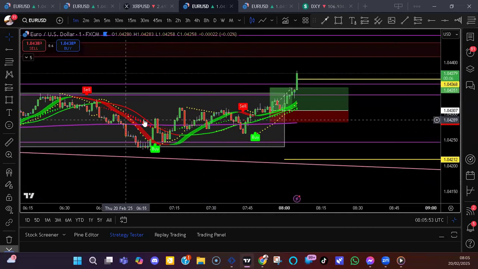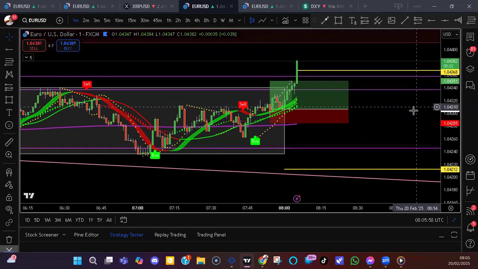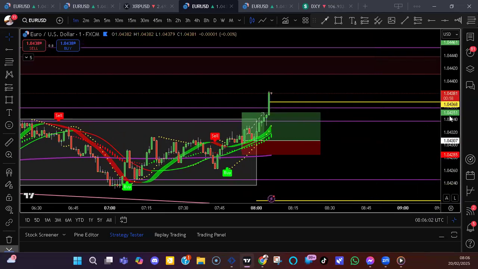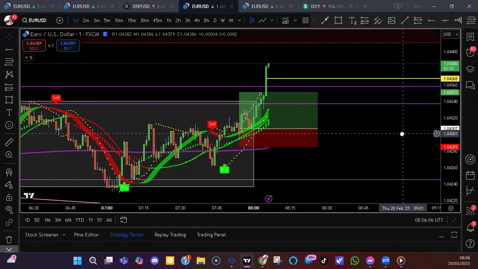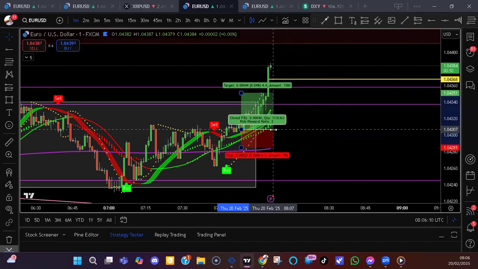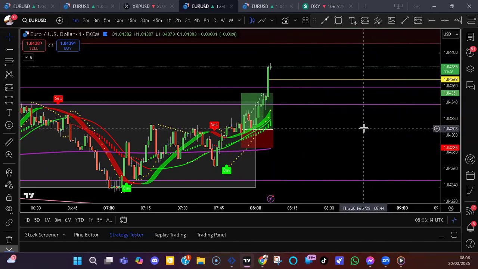We're breaking out of that consolidation, which is a good thing. But depending on where we are, I wouldn't really want to take a sell.